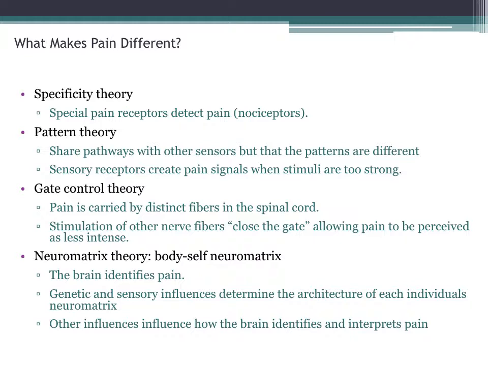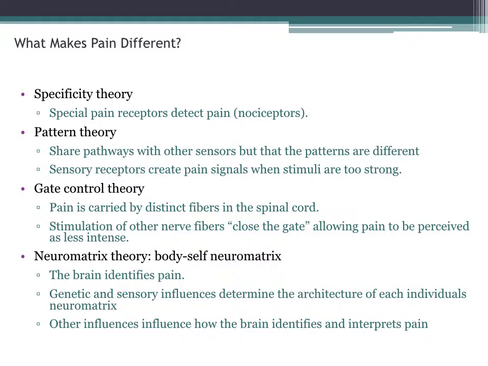Then there are those that look at what's called the pattern theory. With that, the nociceptors share pathways with other sensors, but the patterns are different, and that's why the brain interprets them differently. The sensory receptors create pain pathways when the stimuli going through them are too strong, which is kind of what we were saying when we were talking about the thermal receptors, that perhaps that's what's going on and why we have a pain aspect to that particular type of sensor.